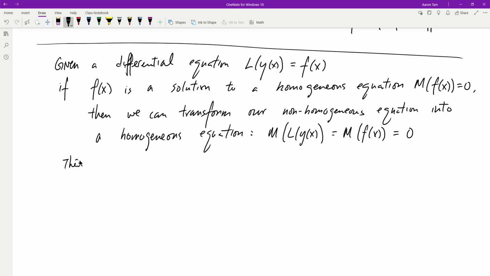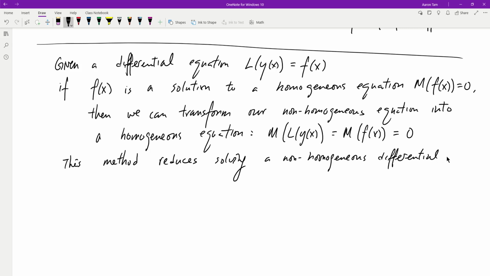So this method basically allows us to do the following. This method reduces solving a non-homogeneous differential equation into simply trying to calculate or compute the specific coefficient for the particular solution.